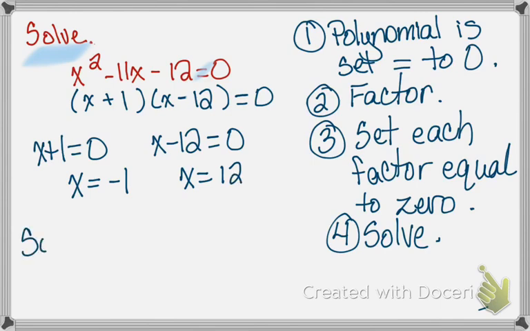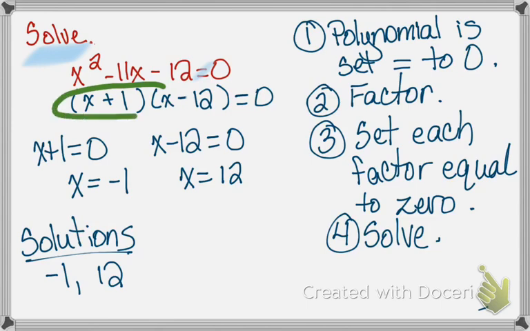So my solutions, and they can be called solutions, they can be called zeros, and they can be called x-intercepts. Okay? My solutions to this are negative 1 and 12. That's where my graph crosses the x-axis. These right here are my factors.